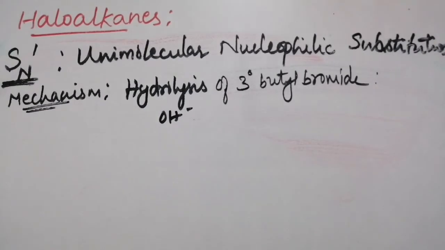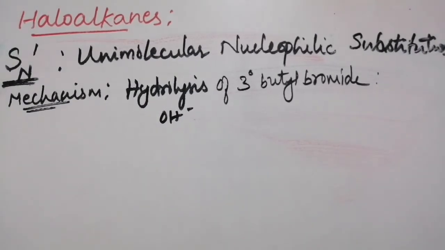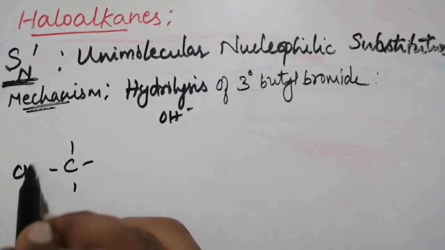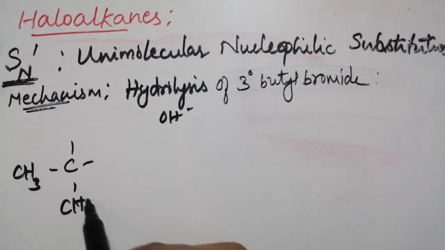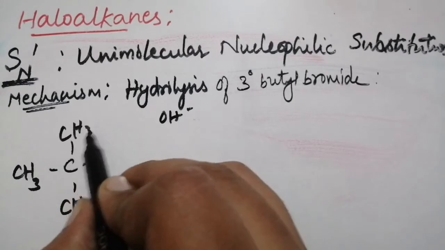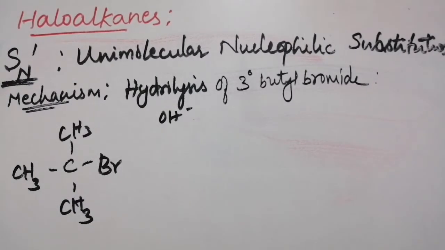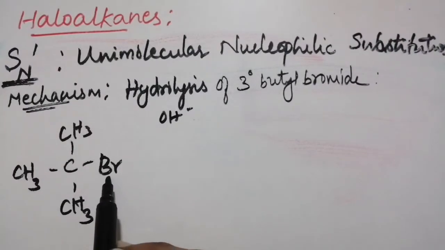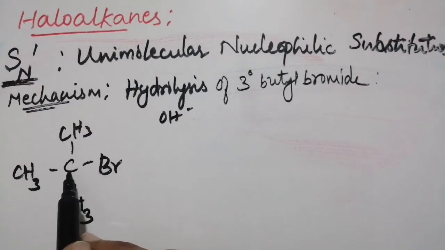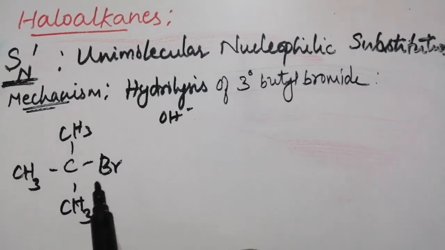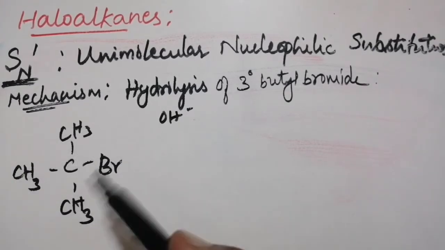This is one example. Tertiary butyl bromide is C with three CH3 and Br. Why? My bromine atom is attached to that carbon, which is in turn attached to 3 other alkyl groups.